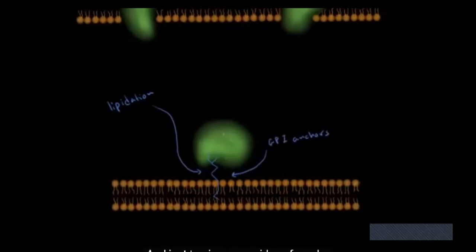And just to give you an idea of maybe why this would be necessary, so to quickly review the structure of the cell membrane, we have these hydrophilic heads. That means that they are polar. And then we have inside these hydrophobic tails. And that means that they are nonpolar.